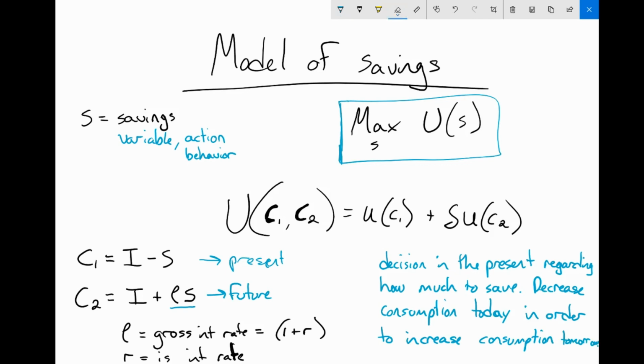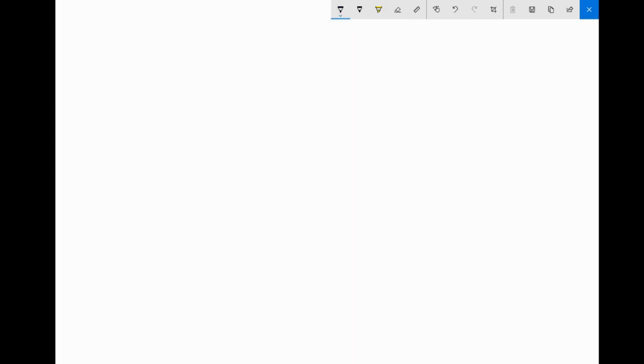So then how do we model this? How do we model the decision making? So we have the setup here. Now we want to set up a maximization problem so that we can study the decision making process. How much are they going to save? Well, we model it as a utility maximization process. So we want to maximize utility.